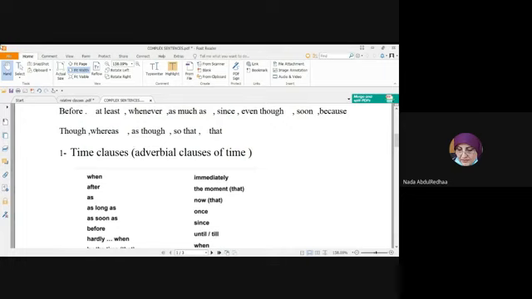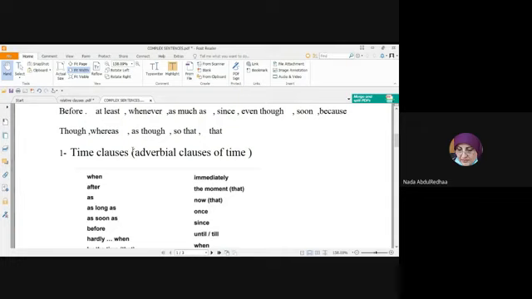If you have this kind of clause within a sentence, surely this sentence is considered a complex sentence. Now, whether it is a complex sentence alone or a complex-compound sentence, it depends. Then, after that, I want you to remember some things.